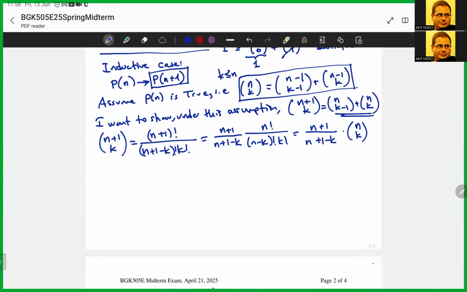Now, to n choose k, I can apply my assumption. To this one, I cannot apply the assumption because you see n minus 1 is not less than or equal to n. But this one, I can write as n minus 1 choose k minus 1 plus n minus 1 choose k.